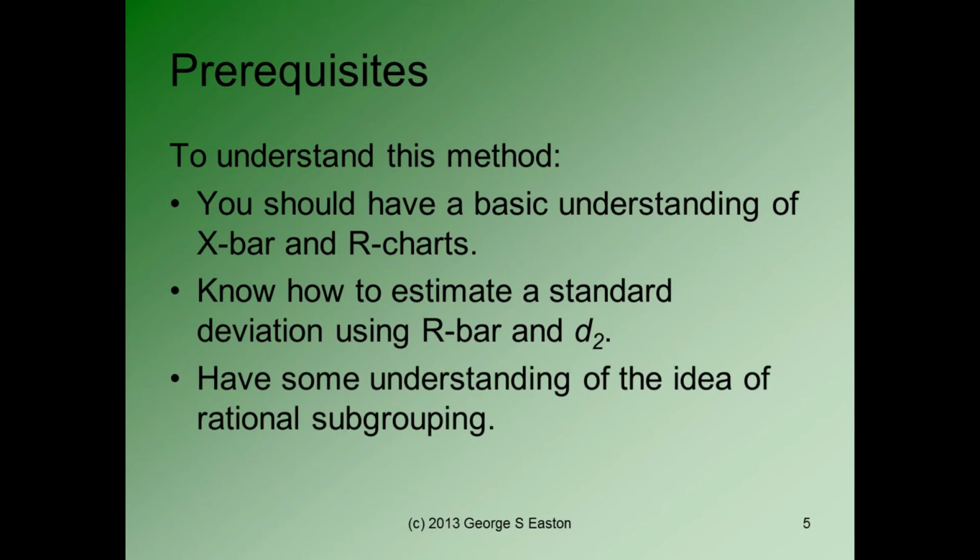You also need to have some understanding of the idea of rational subgrouping. I'm not dealing with these topics here. As I say, this is essentially prerequisite material for understanding what I'm about to present. So basically, I need you to know something about SPC.